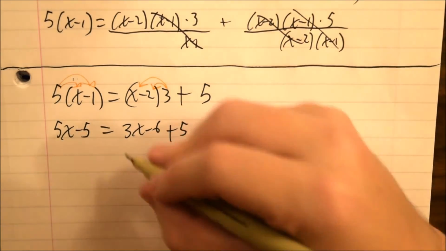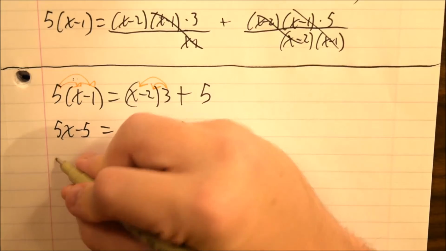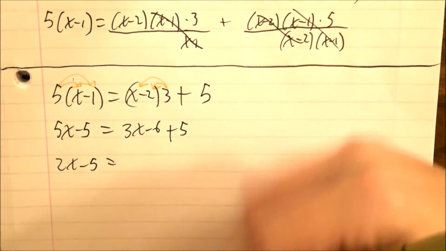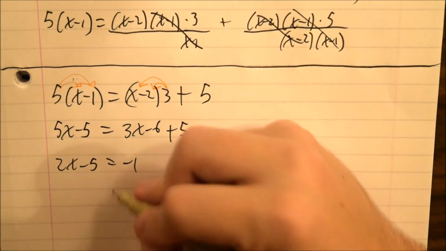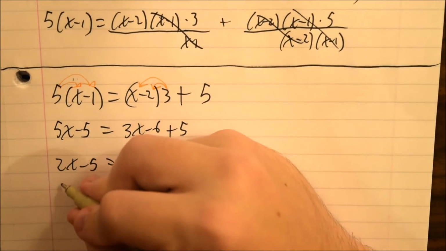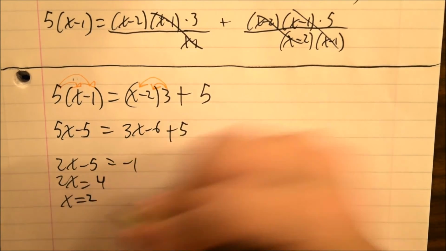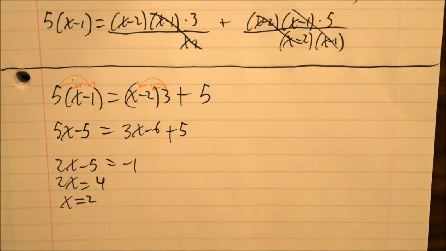Now I'm going to subtract 3x from both sides and get 2x minus 5 equals minus 6 plus 5 gives me a negative 1. I'm going to add 5 to both sides and I get 2x equals 4, which gives me that x equals 2. Great. So that is potentially my solution, but now I have to check the domain.